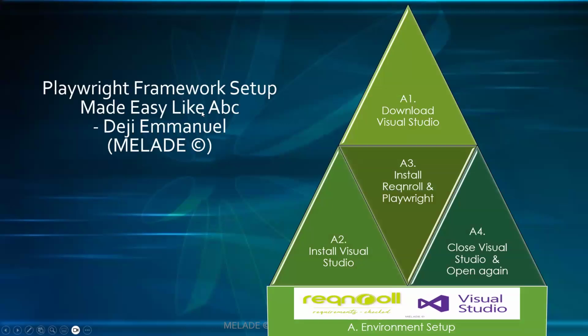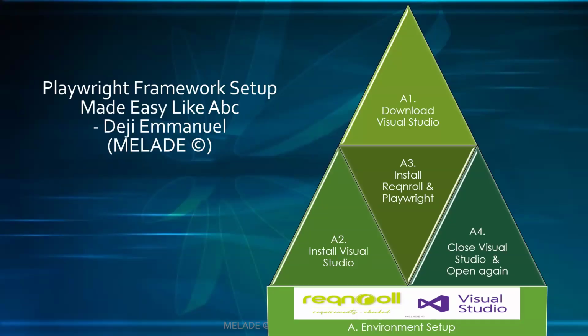So for the first step, you need to download Visual Studio, if you haven't got one. We are going to look into that. Then after you've downloaded Visual Studio, you need to install it, okay? After you install Visual Studio, you also install Playwright and Reqnroll.